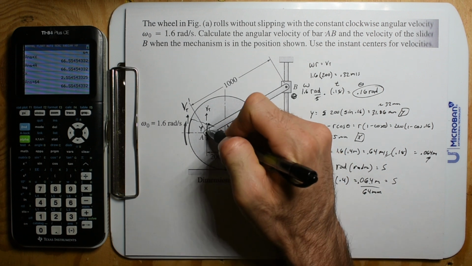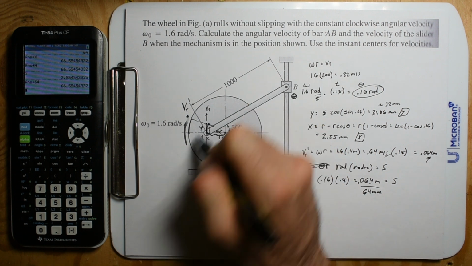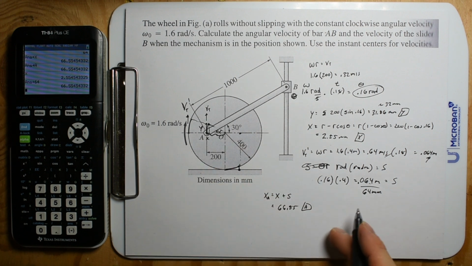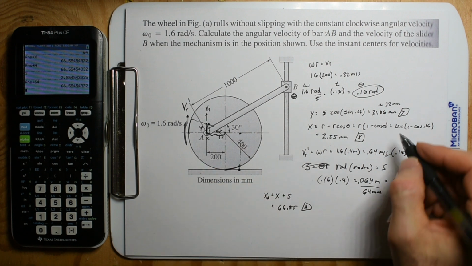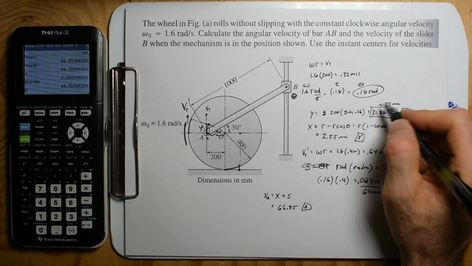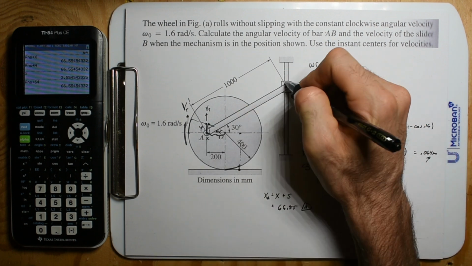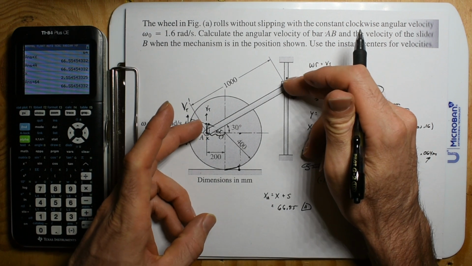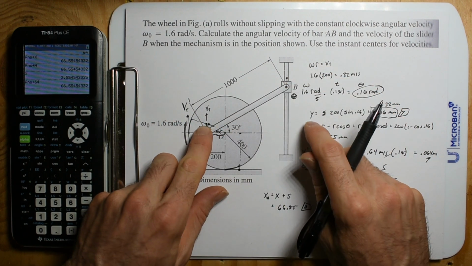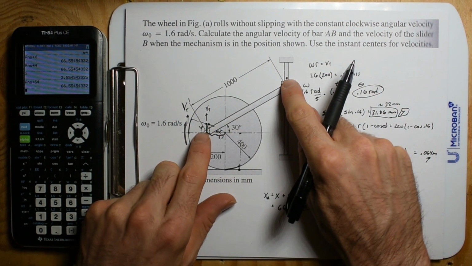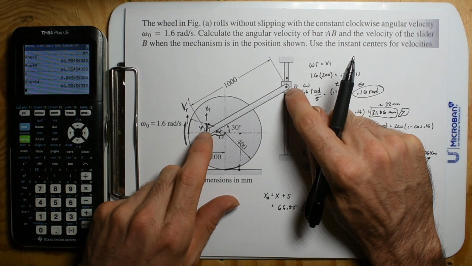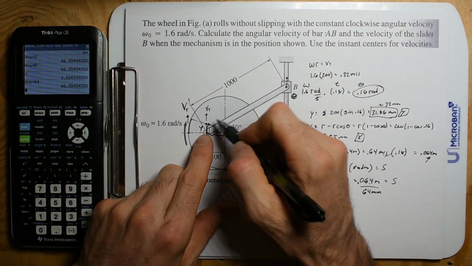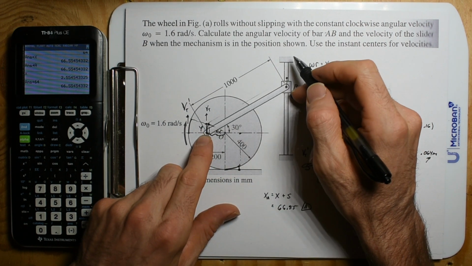Okay. And now we can go back to, hey, we said that this thing will go up in the y direction by, what was our y? So yeah, our y was 31.86. So then this point B is going to go up 31.86. That's totally independent. If this goes straight up, this has to go straight up. Yep, because this length still has to be the same.